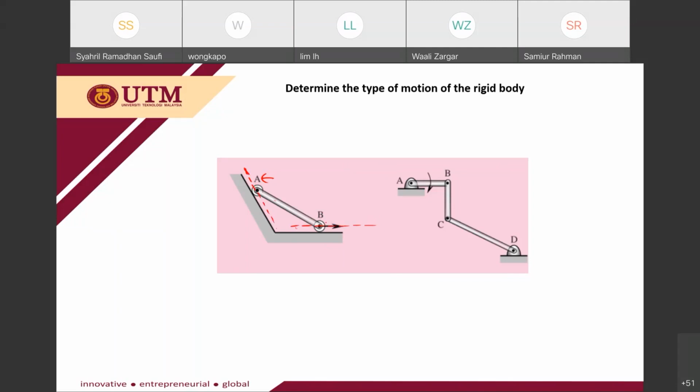It's been provided in the question that VB is horizontally to the right. If I pull this member AB to the right at point B, then at point A, VA is in this direction. So VA and VB are not parallel. So I know that member AB is moving with general plane motion.